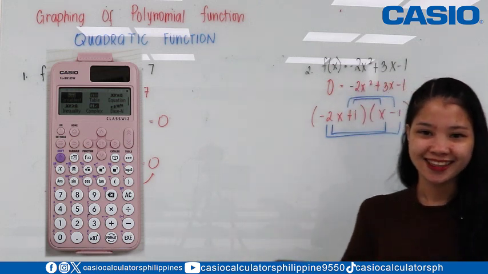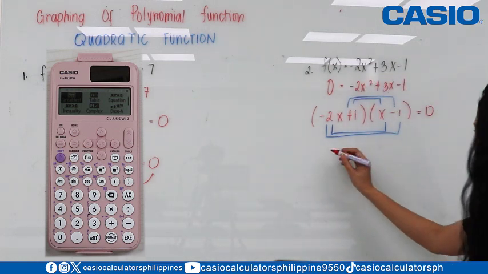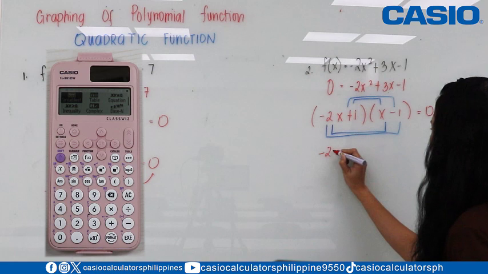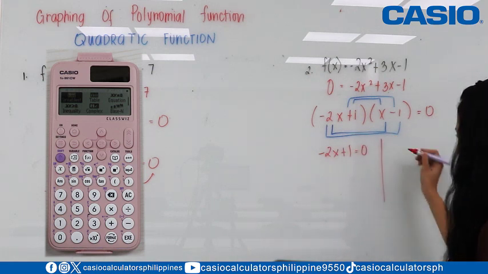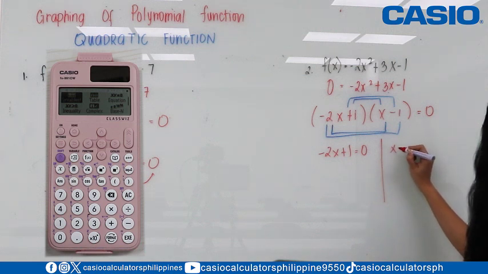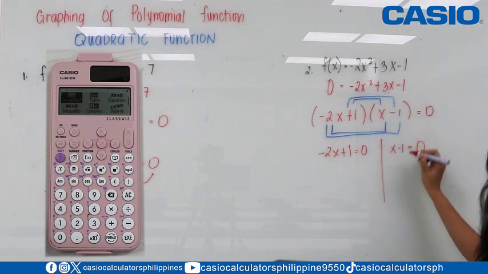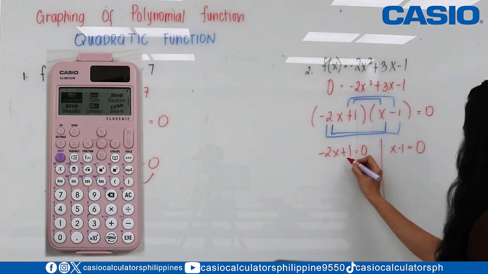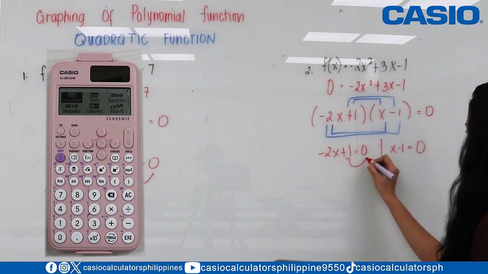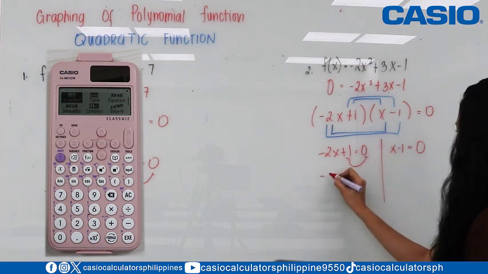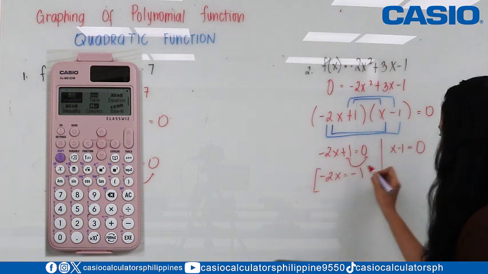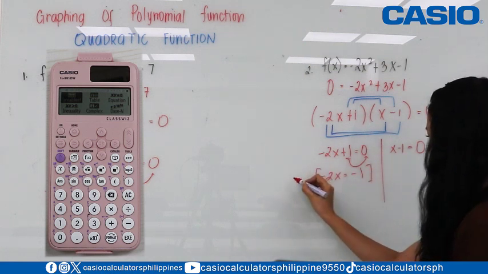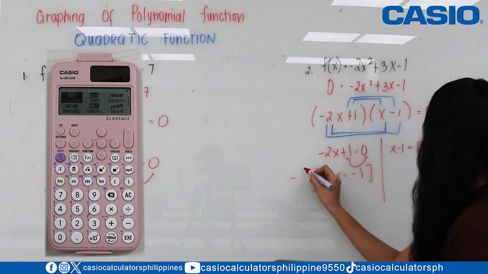Now, let's find x. We have negative 2x plus 1 is equal to 0. On the other hand, we have x minus 1 is equal to 0. So if we transpose positive 1 to the right side, that will be negative 1. And we have to divide both sides by negative 2.